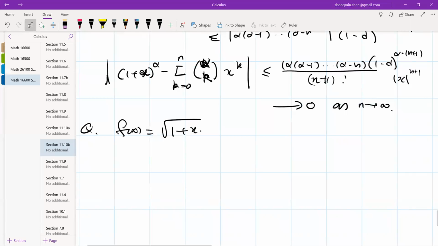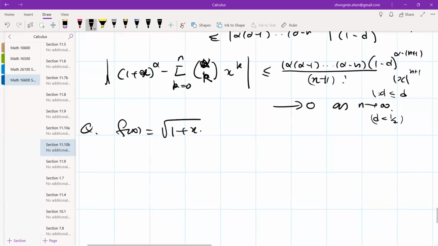I think it's easy to prove for x less than or equal to d, if d is less than or equal to 1/2, it's easy.